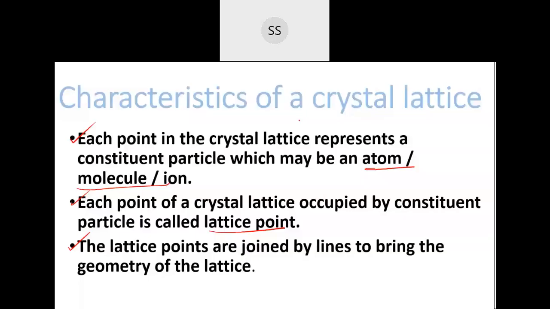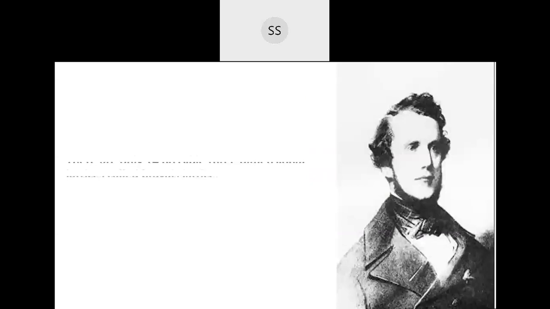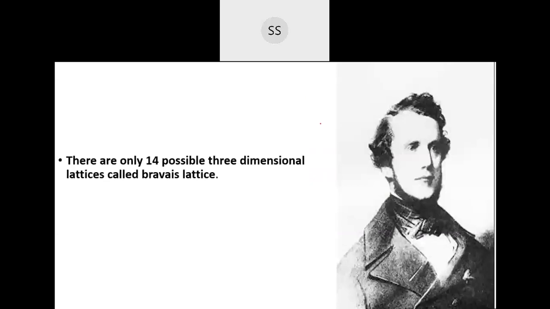Now you know what a crystal lattice is. When scientists studied these crystal lattices, practically they found that there are around 14 such crystal lattices. Only 14 they were able to find in this whole structure. There are so many compounds existing in nature, but they found that there are only 14 possible three-dimensional lattices, which were discovered by August Bravais.